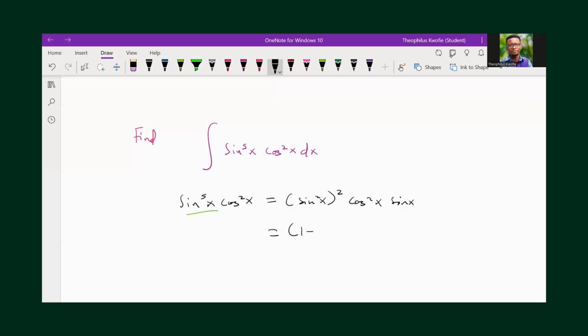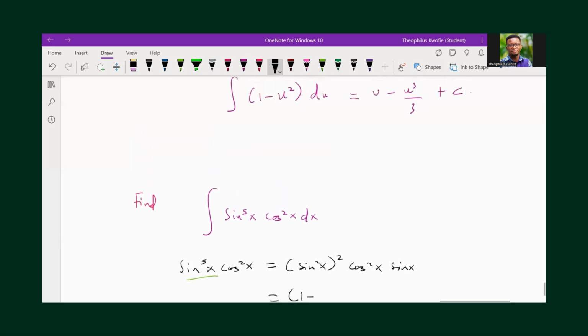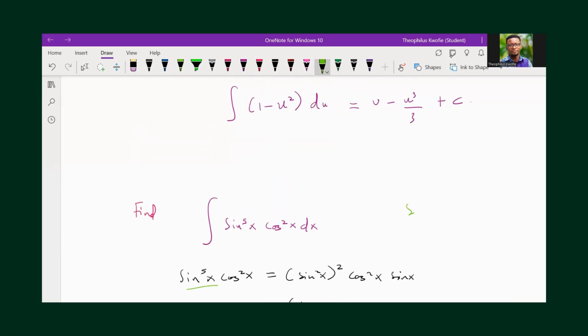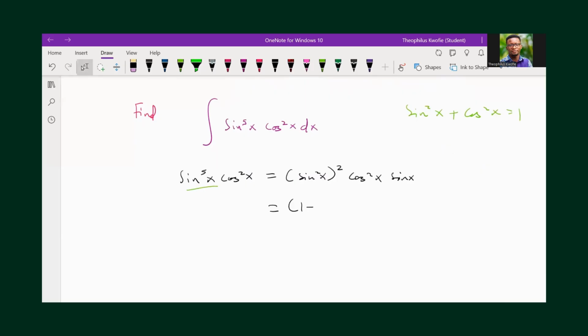The sine squared x can also be written as what? As we mentioned, sine squared x plus cosine squared x equal to 1. So whichever case, I could make any of them stand alone.